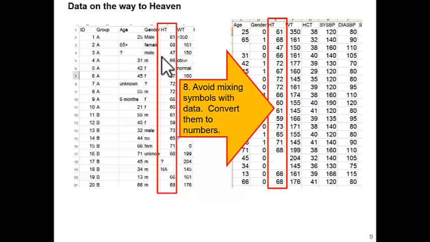Once you enter letters, you can no longer perform any arithmetic computation. So in this case, if you know it's greater than 6 feet, convert it to the best possible numeric value, for example, 72 inches. And it's always better to leave blank for missing data instead of using a question mark or NA.